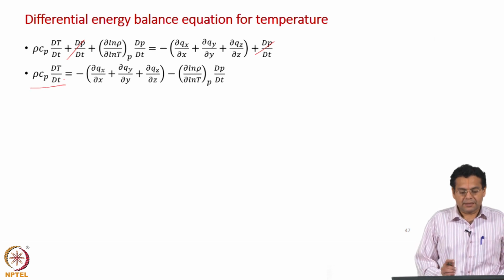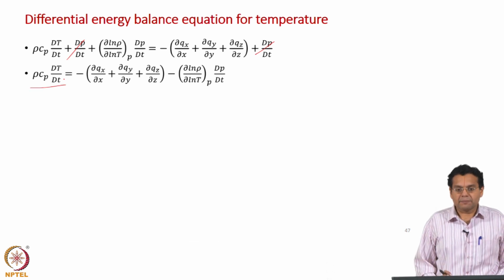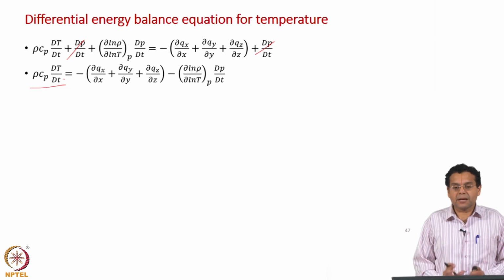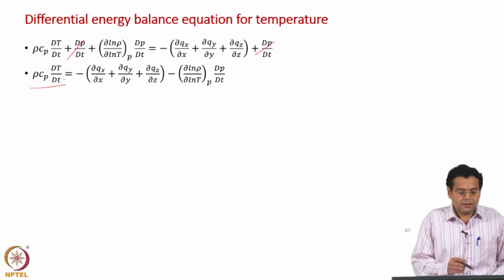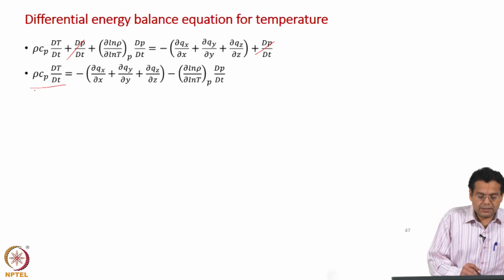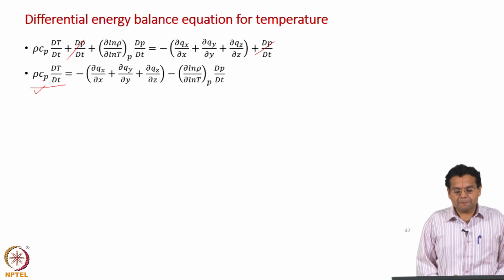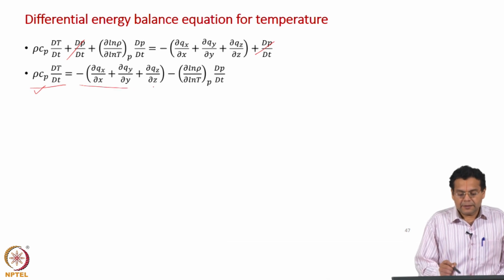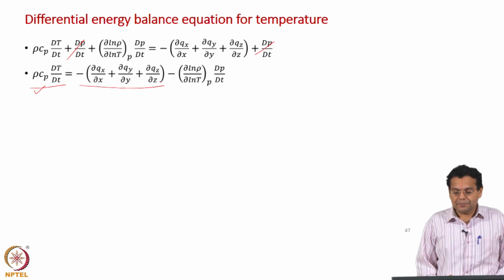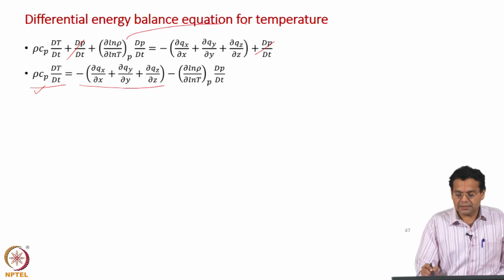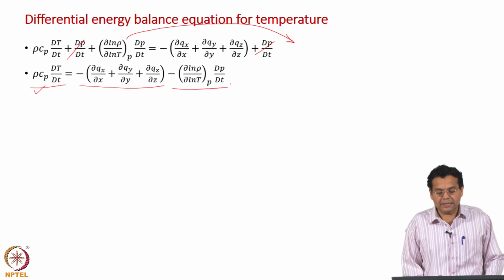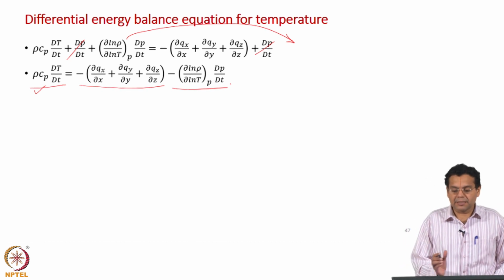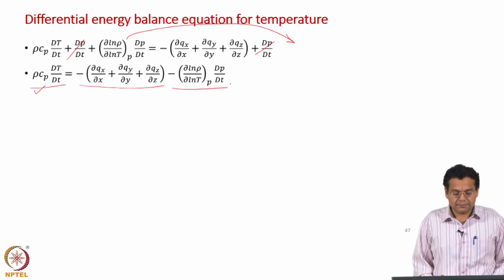by dt. That has been our long standing objective, to get a differential energy balance equation in terms of temperature. That is what we have done sequentially. So, left hand side is rho Cp dT by dt, right hand side we have the rate of heat input term, and then this I have taken to the right hand side, and that becomes minus dou ln rho by dou ln T at constant pressure multiplied by dP by dt.